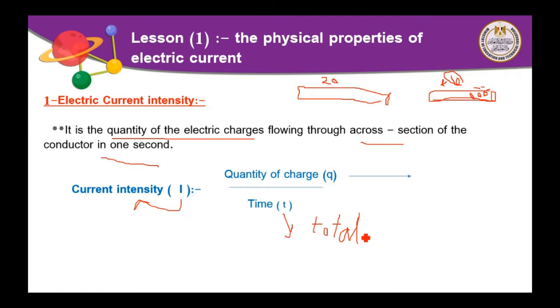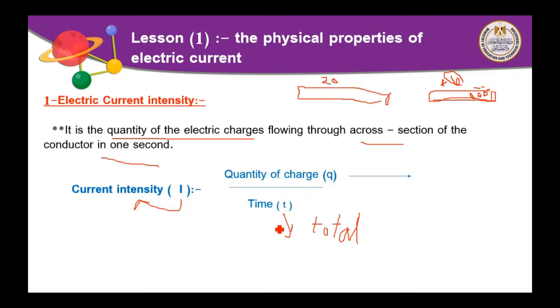Again, electric current intensity, which is represented by the letter I, equals the quantity of charge, which is represented by Q, divided by the time taken, represented by t small. What is the measuring unit of each of them?